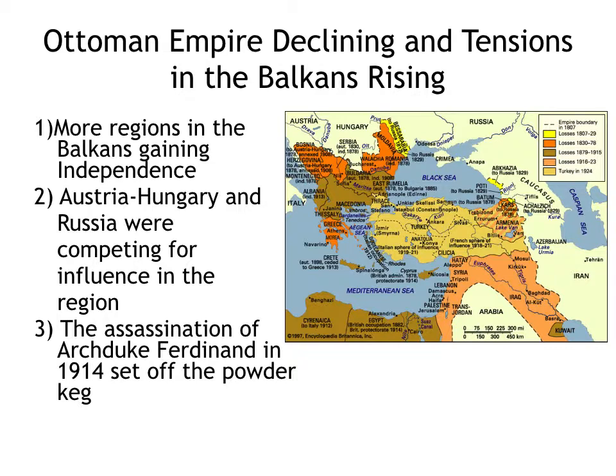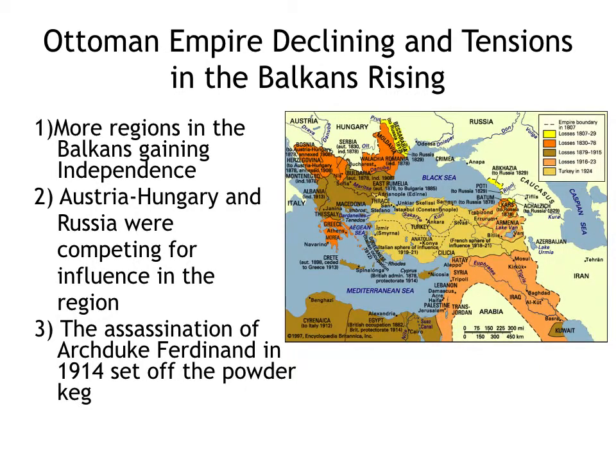What's going on there is this older empire called the Ottoman Empire was losing influence. At the peak of its influence in the 16th century, the Ottoman Empire had extended its empire all the way up to the gates of Vienna itself, in what's now modern-day Austria. But for much of the 19th century, the Ottoman Empire had been referred to as the sick man of Europe, as one of the Russian czars referred to it.